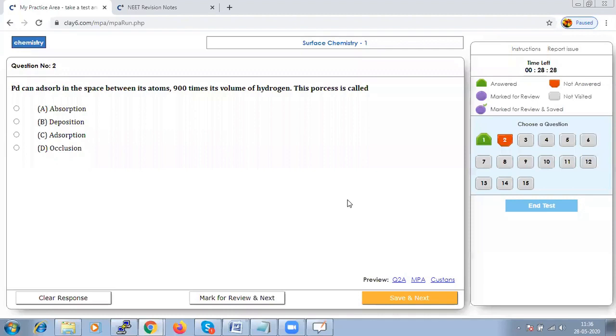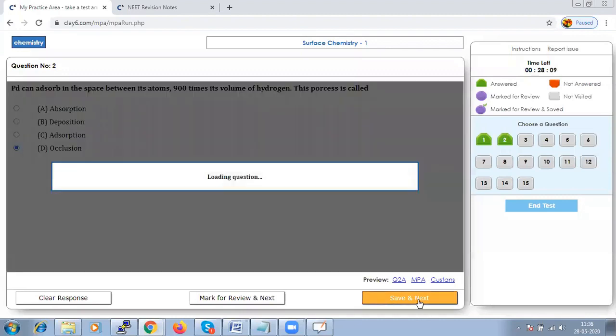The process is called occlusion, because the absorption of 900 times its volume of hydrogen by palladium in the space between its atoms is called occlusion. Let us save that and go to the next.